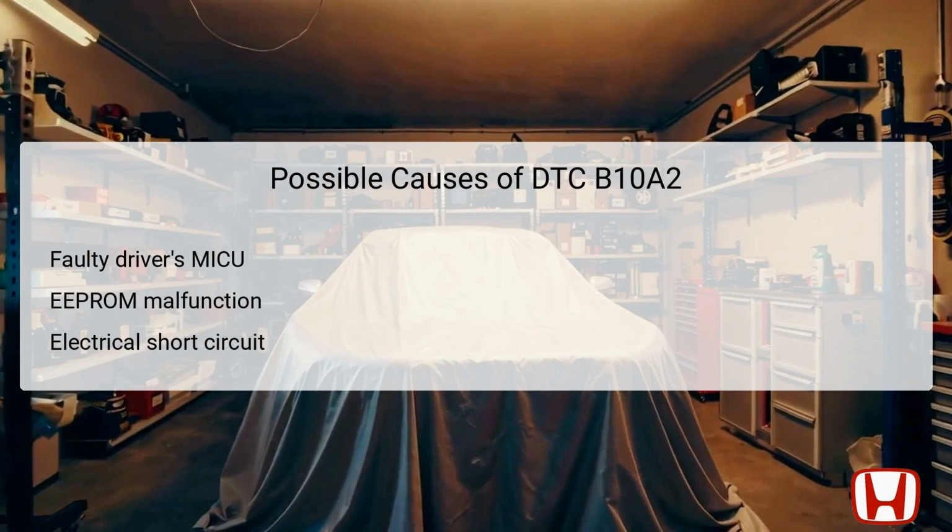Additionally, there could be electrical issues such as a short circuit within the wiring that connects to the MICU, leading to inconsistent performance or triggering faults. Each of these problems may present challenges for diagnostics, making careful inspection essential. Addressing these causes effectively can restore normal functionality to the vehicle's electronics.